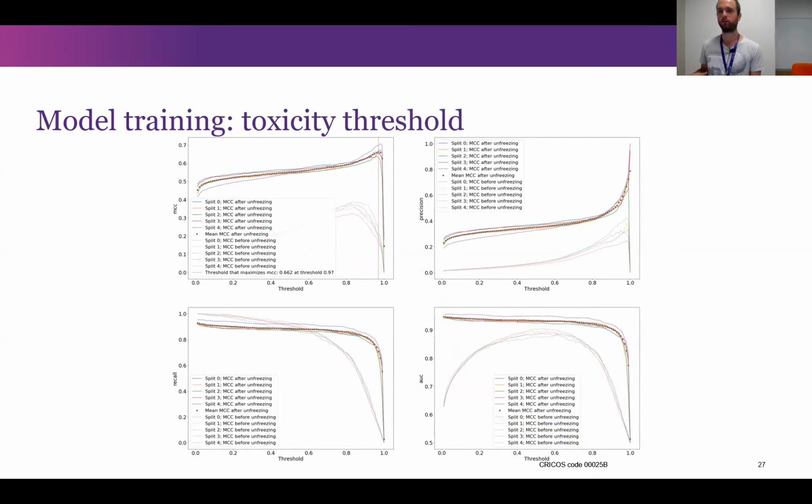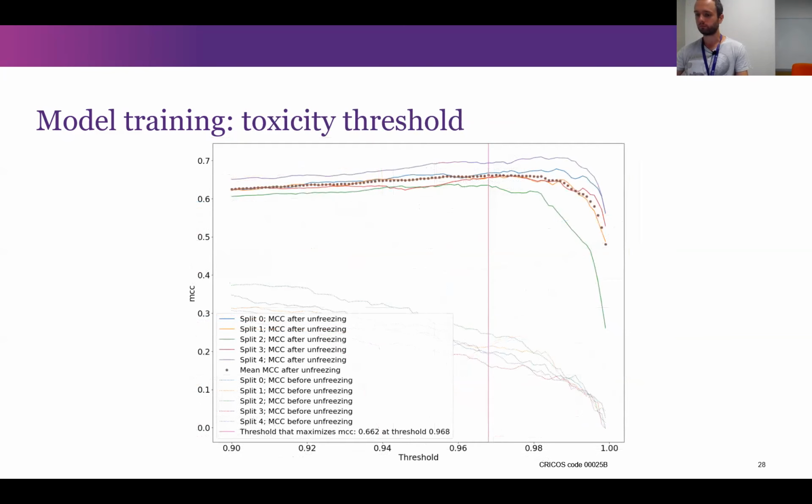So it's up to us to determine which threshold for toxicity to choose. We plotted MCC, precision, recall and area under the curve, and tried to maximize MCC by choosing different thresholds. MCC was maximized with a threshold of about 0.97. So we chose it for our model.